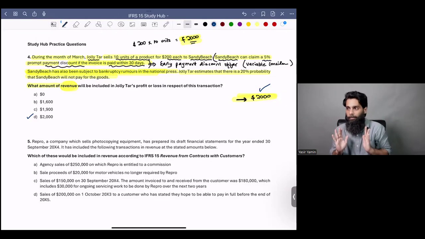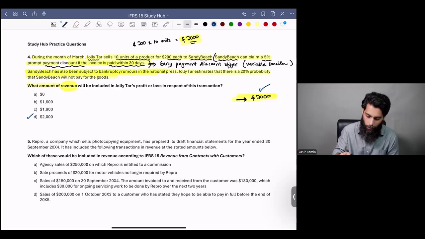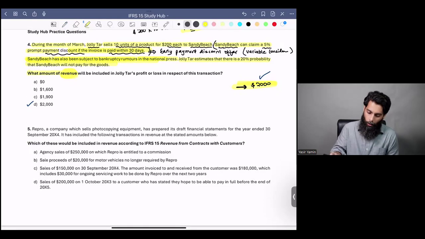Make sense? The only reason we were giving that discount was early payment. Okay, $2,000 is the answer. All right, let us move forward.